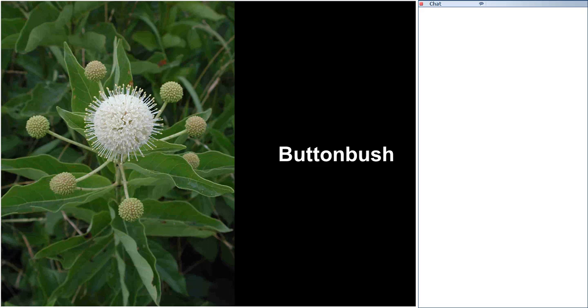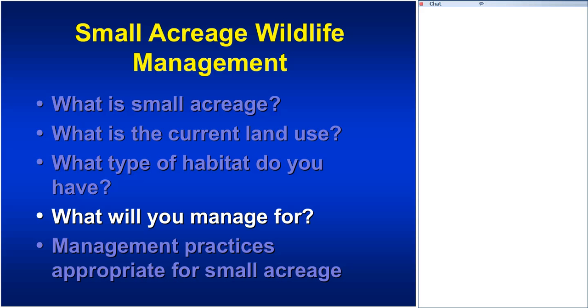Now, we talked about what type of habitat you might have, so let's talk a little bit about what you might manage for. As we mentioned, birds are an easy focus for a small acreage. It's what people think about and often can relate to as the wildlife value that they have on their small acreage.